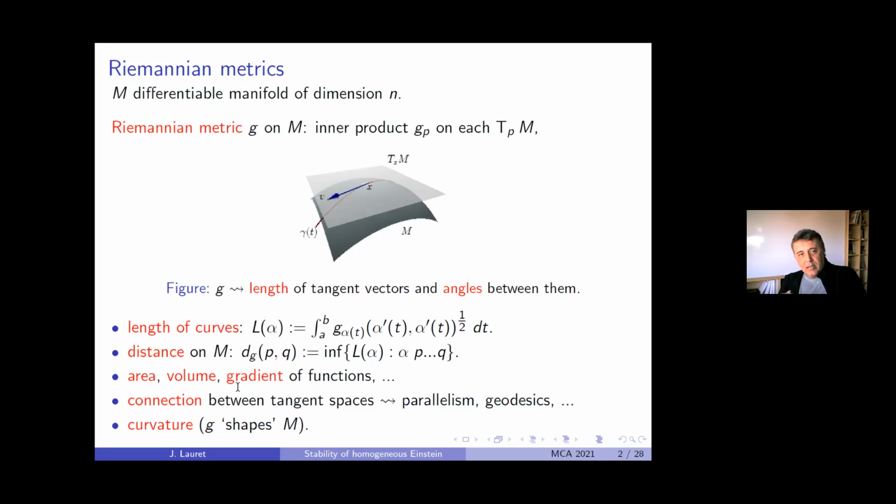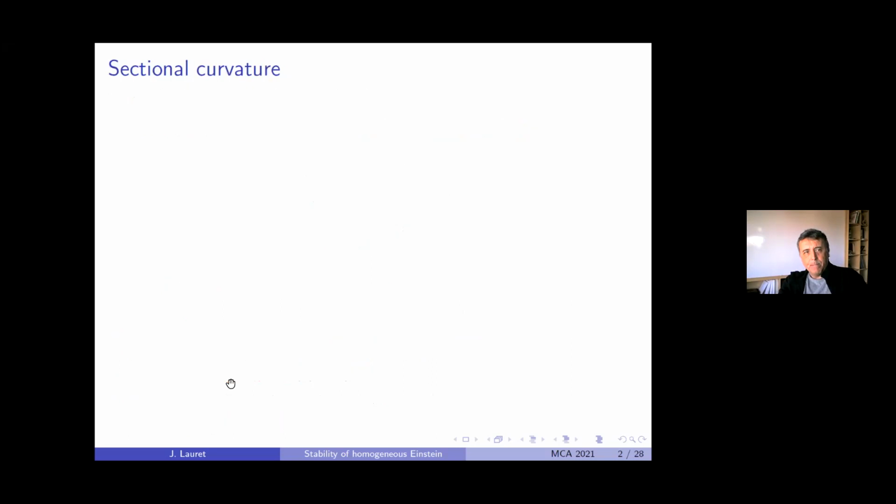The curvature you get from a Riemannian metric really provides a shape to this topological space M, to this manifold M. Okay, so that's a Riemannian metric.